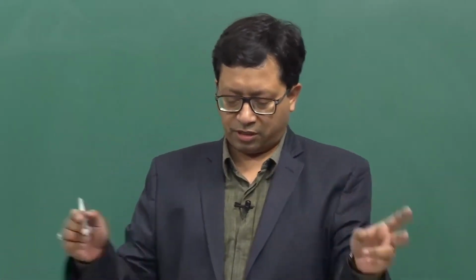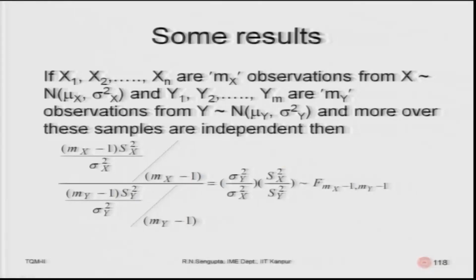But there are two important points I want to mention. Number 1, in case these are s without the dash, then the F distribution loses 1 degree of freedom, both for m and n. In case the ratios are of s with dashes in place of s, then it will be an F distribution of m and n.